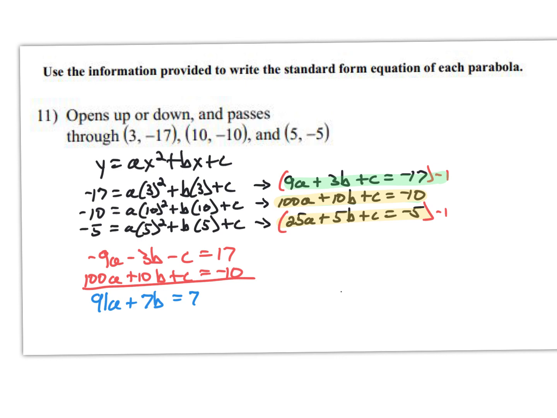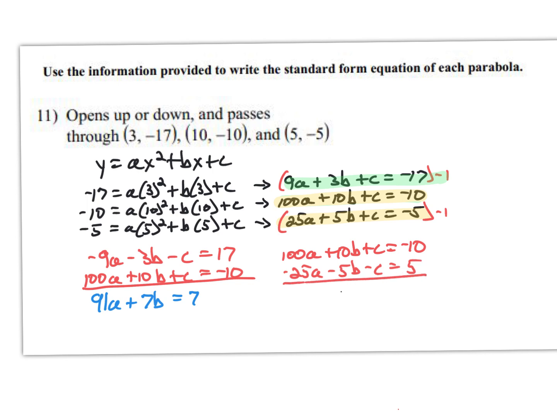I'm going to write this one just as it is. So we have 100a plus 10b plus c equals -10. And then when I multiply -1 times these terms, I'm going to get minus 25a minus 5b minus c equals positive 5.